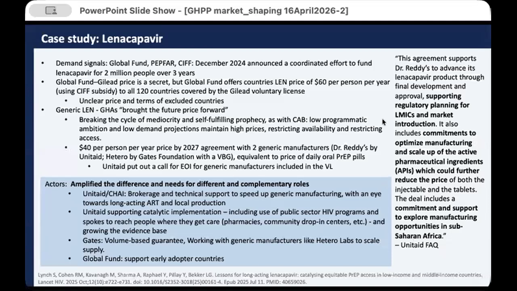So this is an example where different actors played their part. I'm not going to claim that the coordination was absolutely smooth. There were some actors that held close to their chest and were less transparent about the work. And there were opportunities, though, for all of the global health actors to meet with Gilead all together.